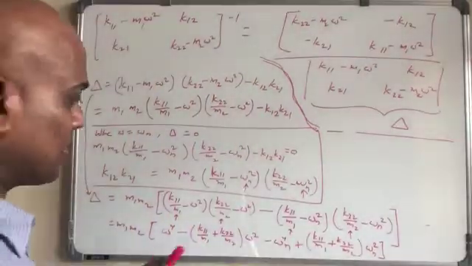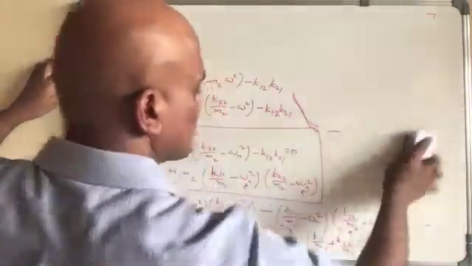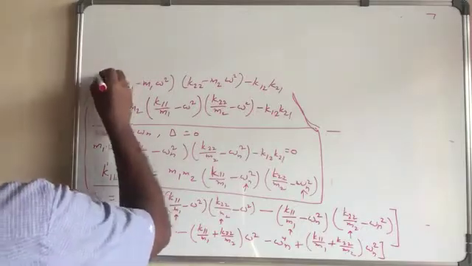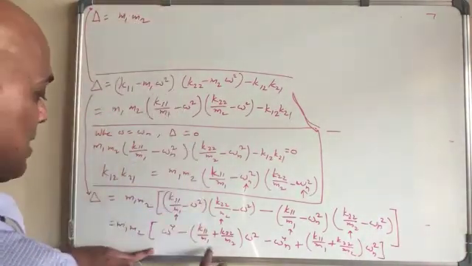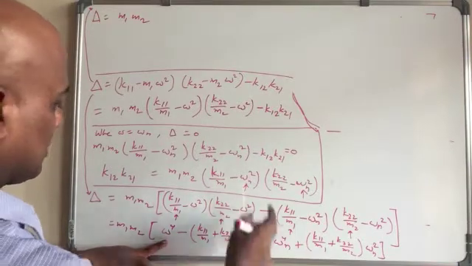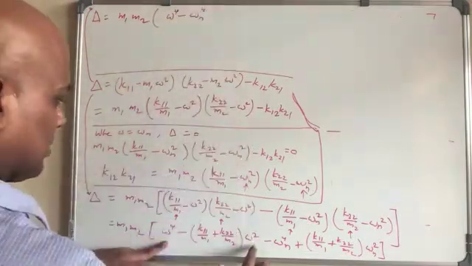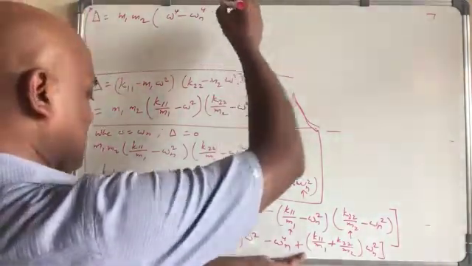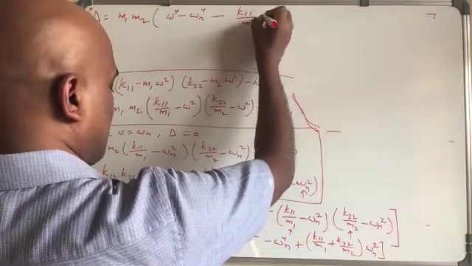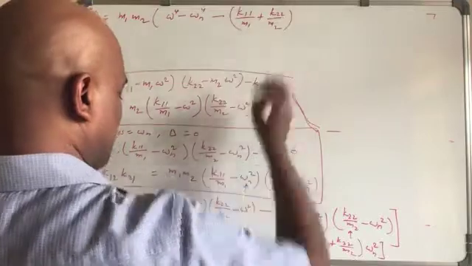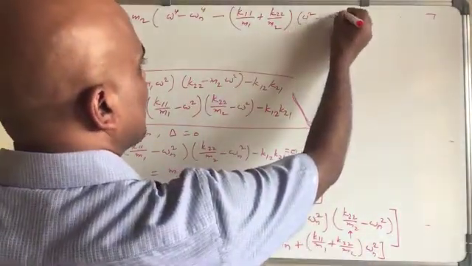So let's simplify this further. The same delta here, we can write delta equal to m1 m2, and then we can combine this term here, so we have omega 4 minus omega n 4, and then minus k11 over m1 plus k22 over m2, and then we have the omega square term here, minus the omega n square term here.